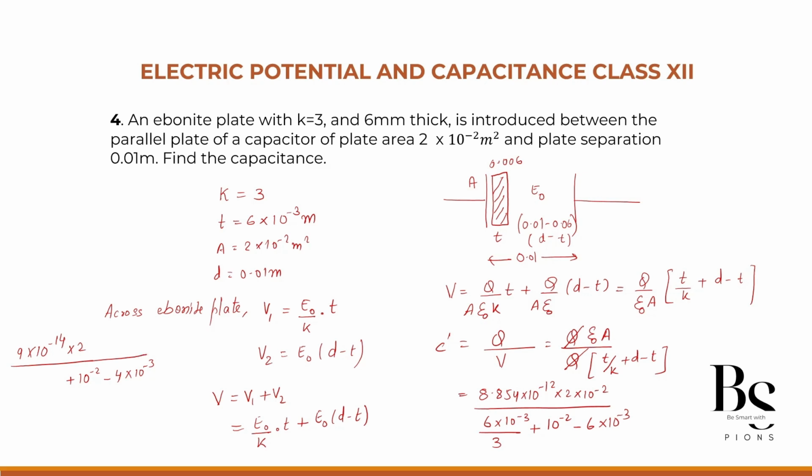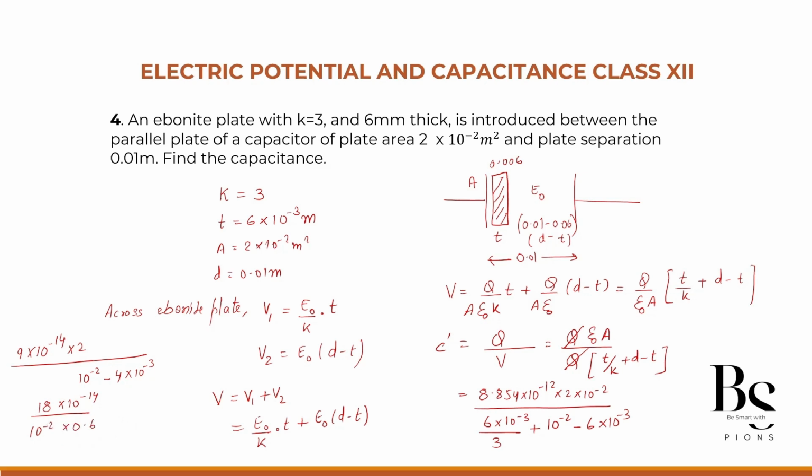Now, before that, let me take 10 to the power minus 2 common out from the denominator. So 9 into 2 into 10 to the power minus 14, whole divided by 10 to the power minus 2 times 1 minus 4 into 10 to the power minus 1, that is 0.4. Let me repeat: when you take 10 to the power minus 2 common, you are left with 1 minus 4 into 10 to the power minus 3, out of which 10 to the power minus 2 is already taken out, so 10 to the power minus 1, and 4 into 10 to the power minus 1 is 0.4. 1 minus 0.4 is nothing but 0.6.